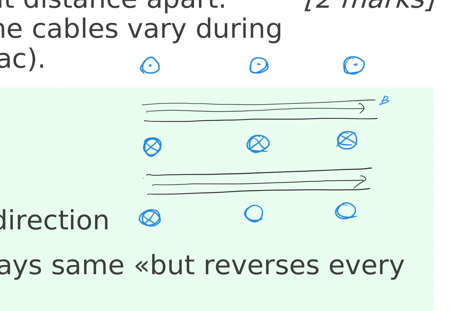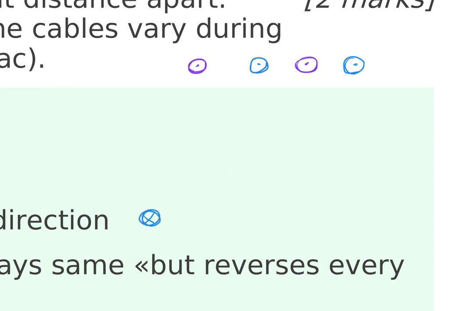Now, the same thing is going to be true. I'm going to use a different color, purple, for the magnetic field of the second wire. Also doing the right-hand rule for that one, it's going to be coming out of the page above the wire, and going into the page below the wire.